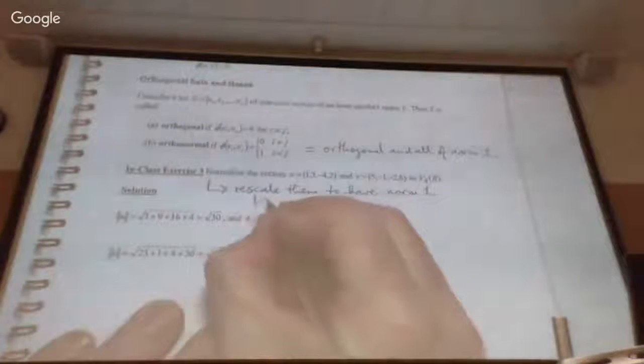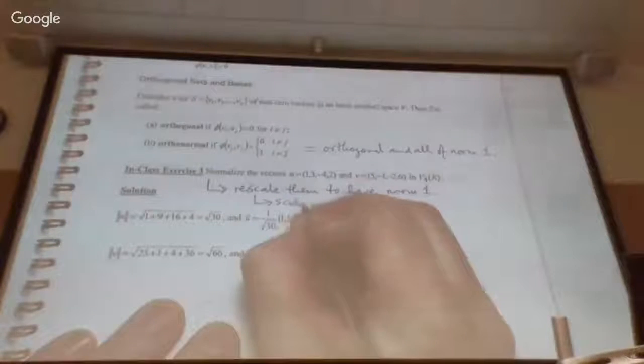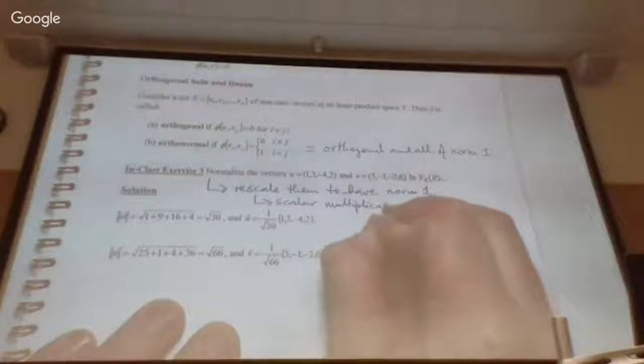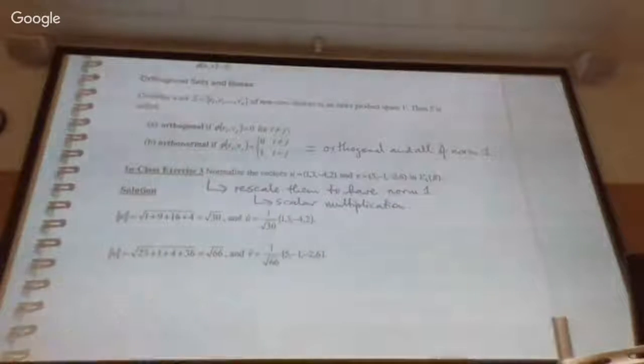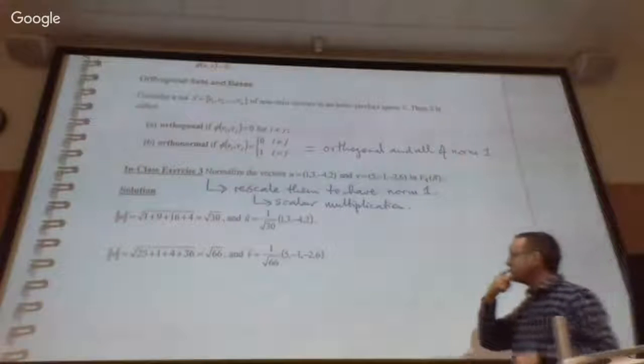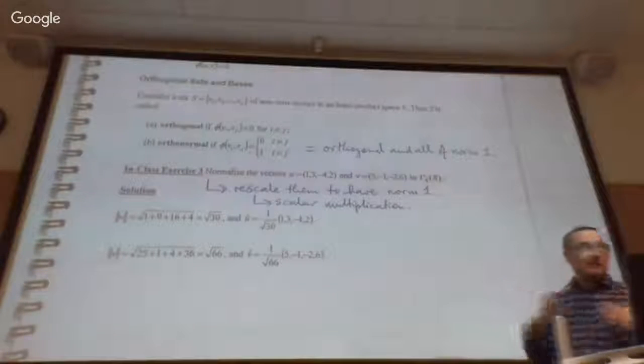Rescaling, of course, means performing a scalar multiplication. If you multiply a vector by a scalar, it's still pointing in the same direction, or in exactly the opposite direction if the scalar is negative. You flip the direction it's pointing in, but take that to mean the same direction. It's still pointing along the same line. But multiplying by a scalar changes its length.